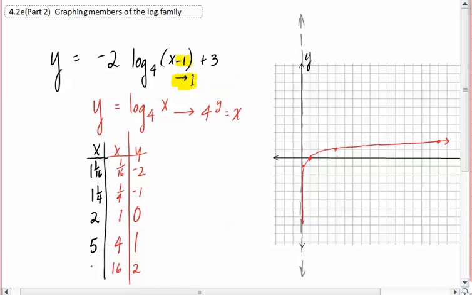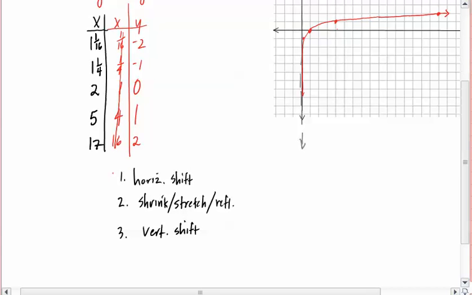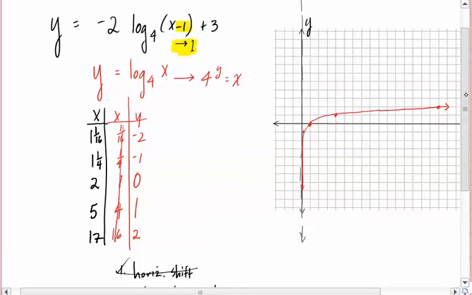We're just adding 1. We're moving it to the right one. Now, this red one is no longer valid. I'm not going to go back to that one because remember I'm adjusting these in a particular order. Here's my horizontal shift. It's already happened, and from there I'm going to continue using the new x column.